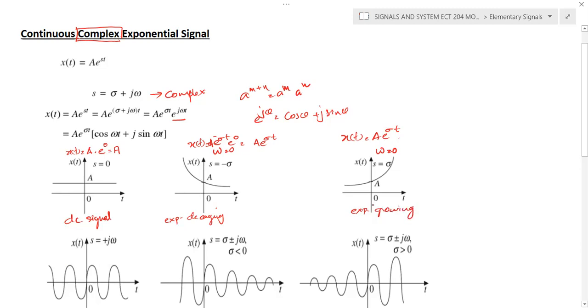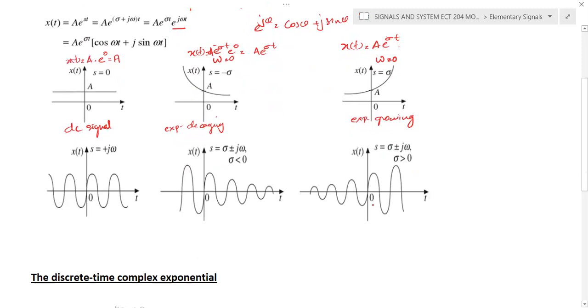Now we'll discuss another case where the sigma value is equal to 0. In this particular example, sigma is equal to 0. So you'll get an expression x of t equal to a e raised to j omega t, because e raised to 0 is equal to 1. So e raised to j omega t is cos omega t plus j sin omega t.